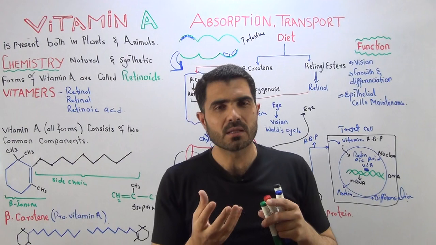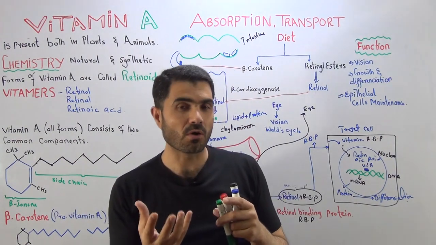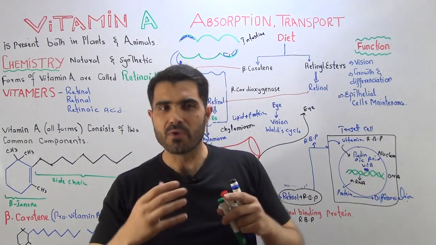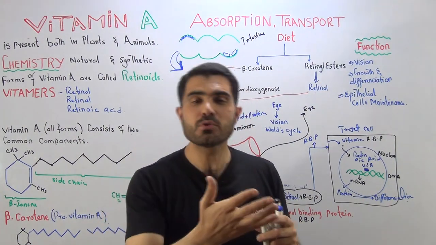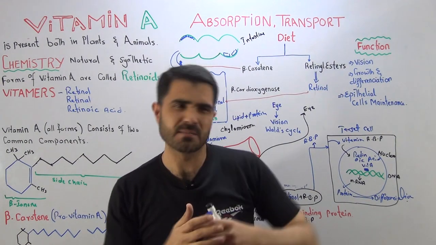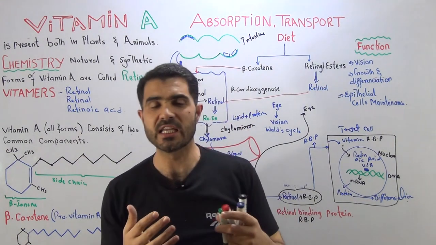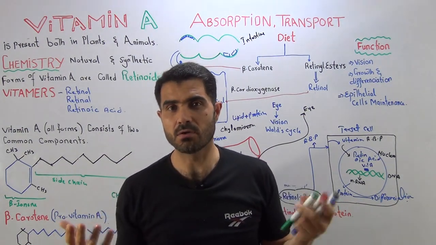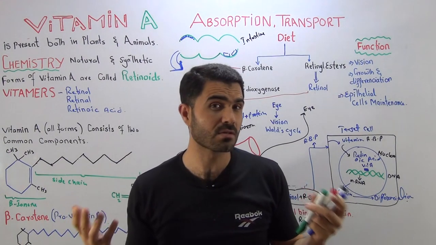The ox liver, when prescribed to those patients, brought a revolution in their eye function. The disease just went away by giving this ox liver.